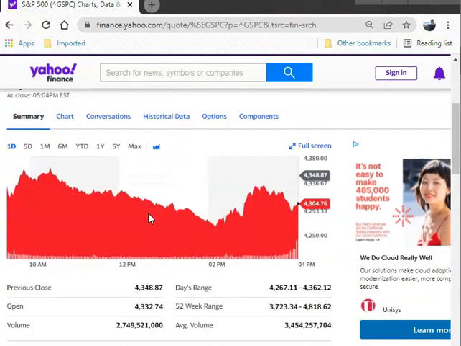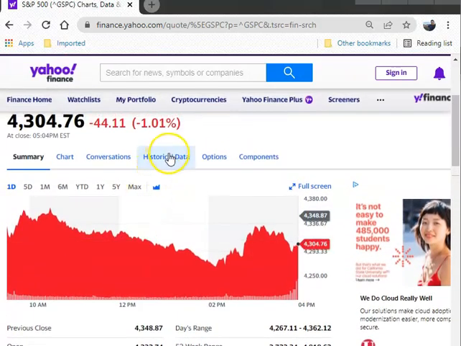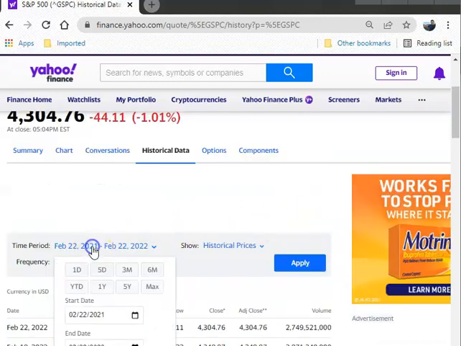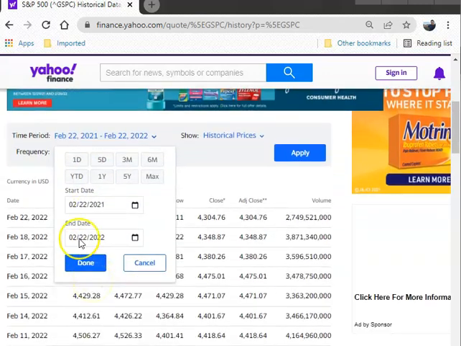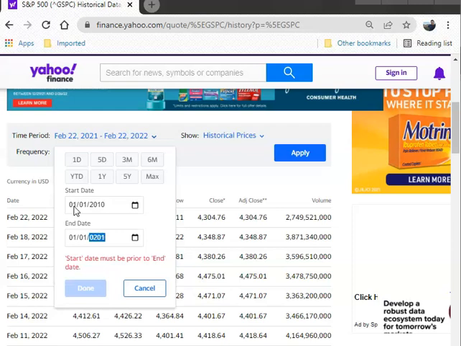We can look at its historical data, similar to what we did earlier. Don't forget to change the dates to the same dates that we used for Amazon, 01/01/2010 to 01/01/2015.